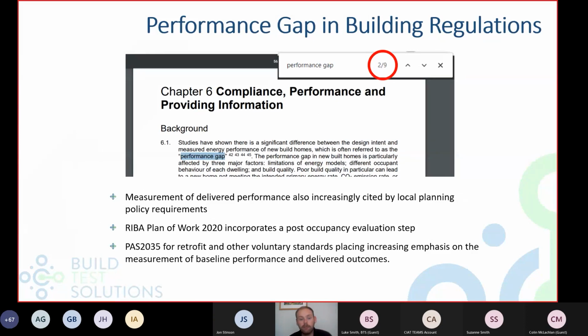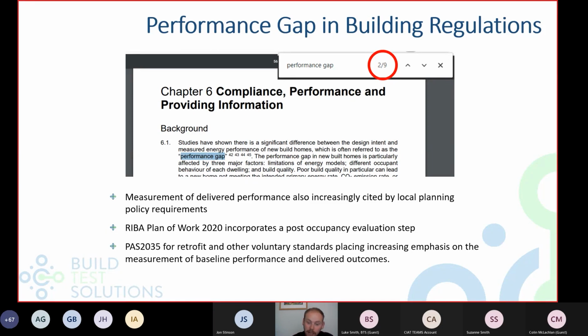So this is the performance gap in building regulations. In the latest consultation on building regulations, the performance gap was mentioned 9 times. So it's really coming into prominence in regulation. That's that harder side of measurement. And we're increasingly seeing local planning restrictions requiring performance measurement.